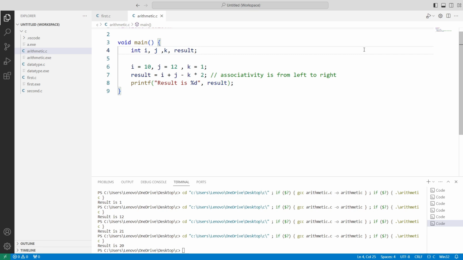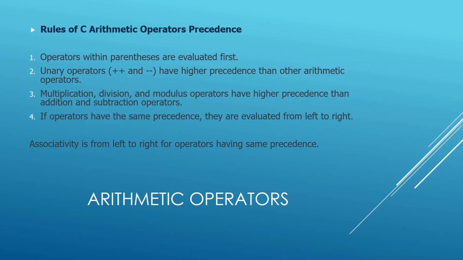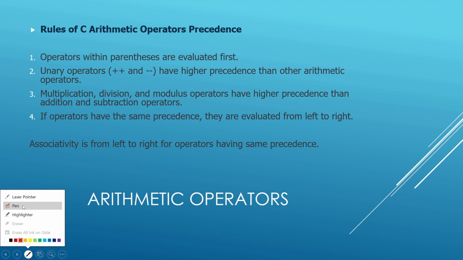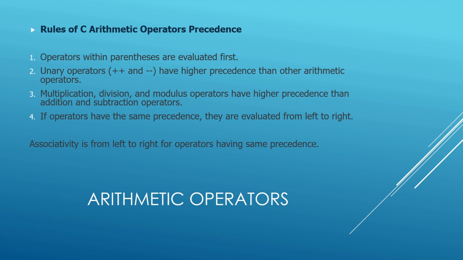Star is multiply. As we saw in the chart, multiplication, division, and modulus operators have higher precedence than addition and subtraction operators. So these operators, if they appear in an arithmetic expression, are evaluated first, then addition and subtraction are evaluated.